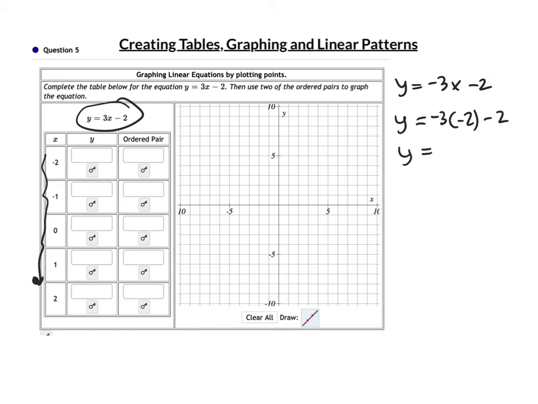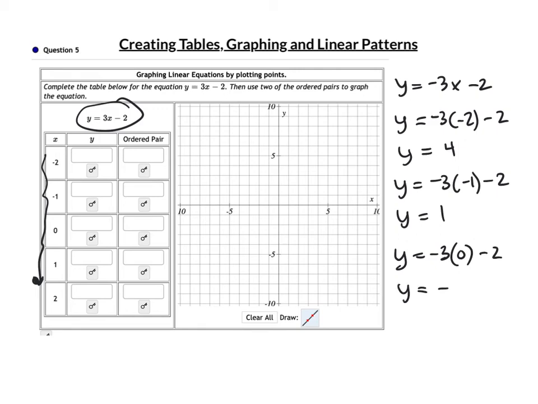That's positive 6 minus 2, which is 4. Y equals negative 3 times negative 1 minus 2, which gives us 3 minus 2, which is 1. Y equals negative 3, and you plug in 0 minus 2. So y is negative 2.